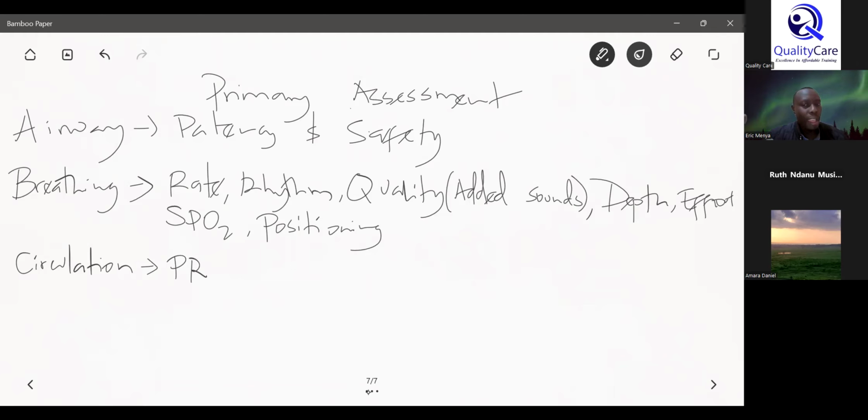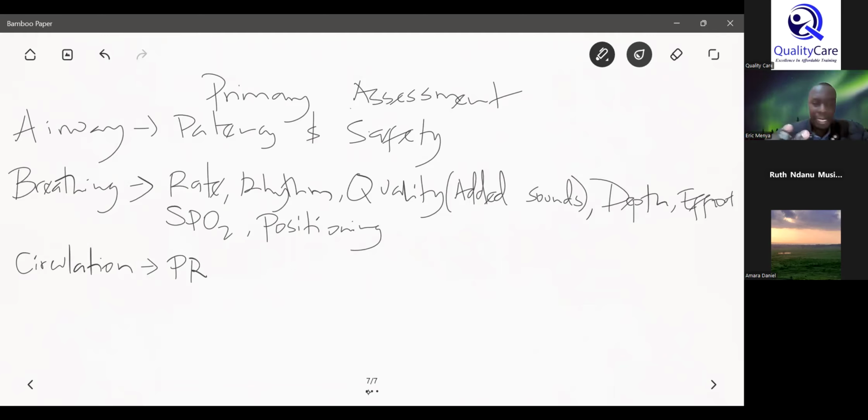Greater than 205 is a tachycardia, less than 100 would be a bradycardia. Infant, 100 to 180. Toddler, 98 to 140. Preschooler, 80 to 120. School age child, 75 to 118. And then adolescent gets to the adult rates. So if you deal with pediatrics, these are ranges that you need to have at the back of your mind.